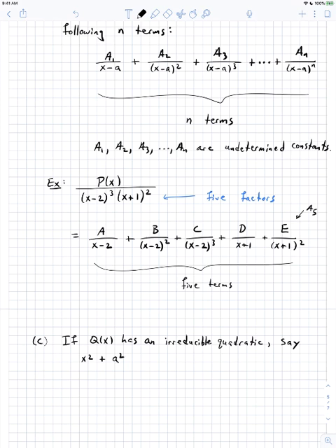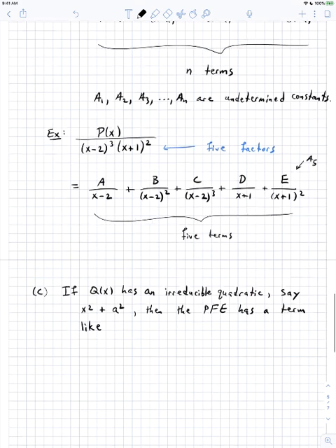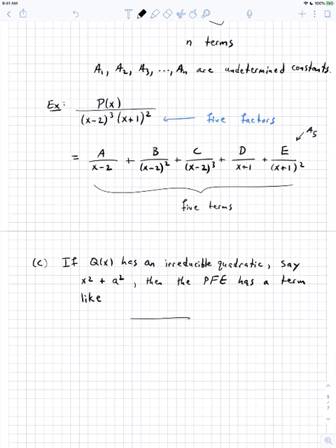So if Q(x) has an irreducible quadratic like that, then the partial fractions expansion has a term that looks like, so what's this going to look like? Well, it's going to have x squared plus a squared on the bottom. That's the factor. So what goes in the numerator?